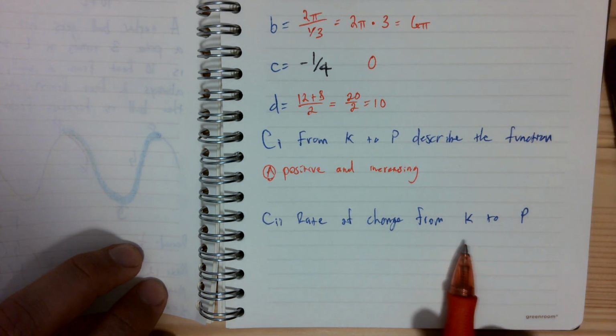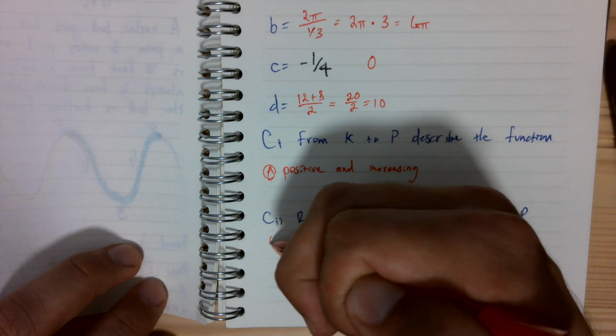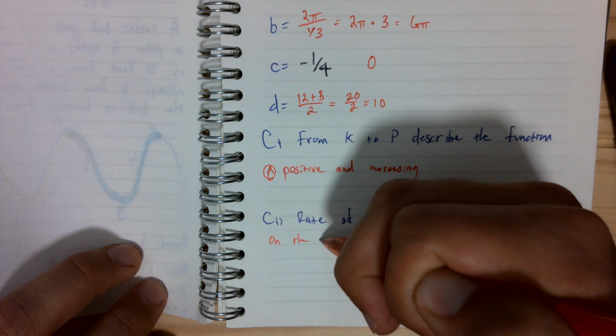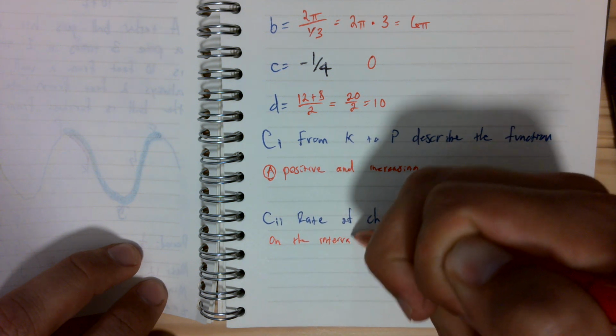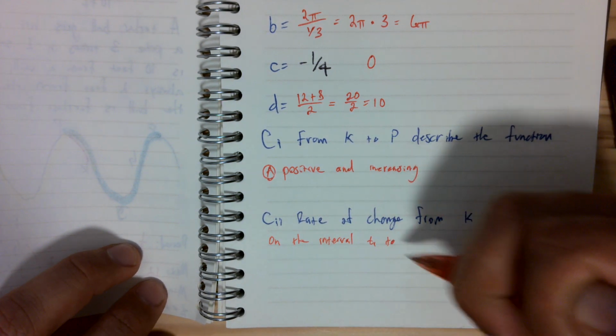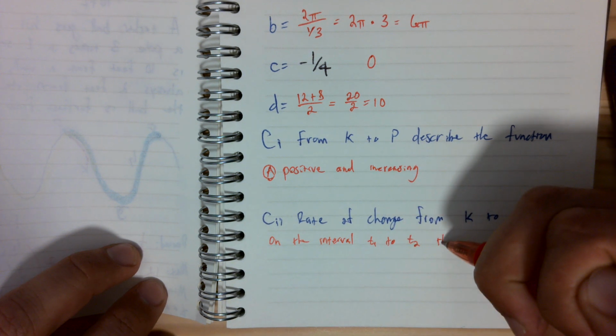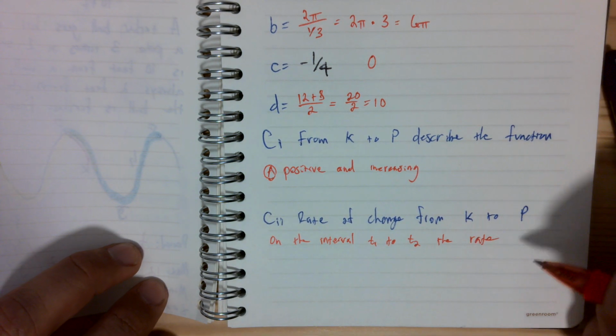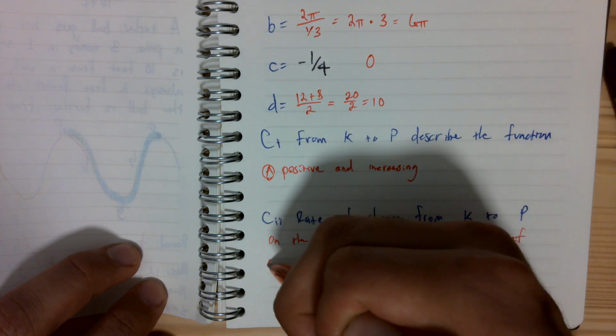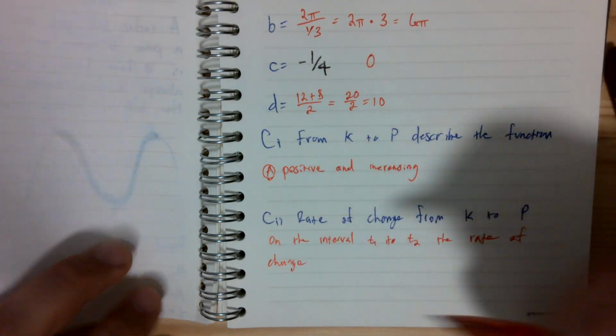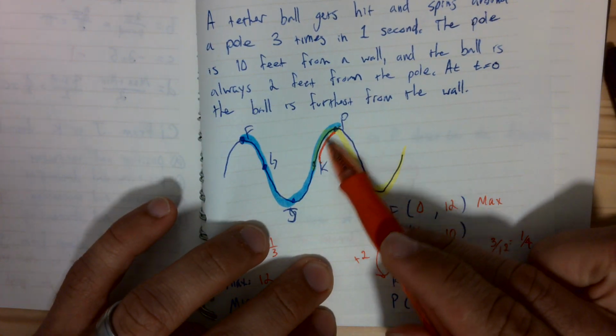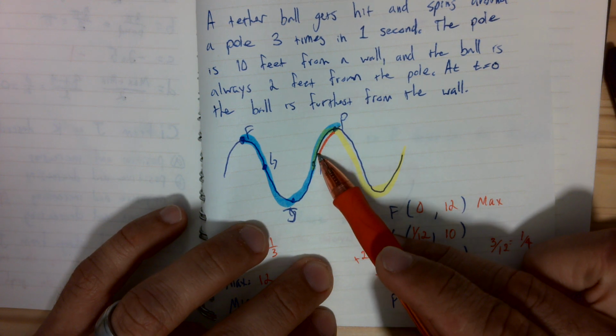And then finally, same 2 points. So on the interval T1 to T2, the rate of change is, and let's see, K to P is concave down.